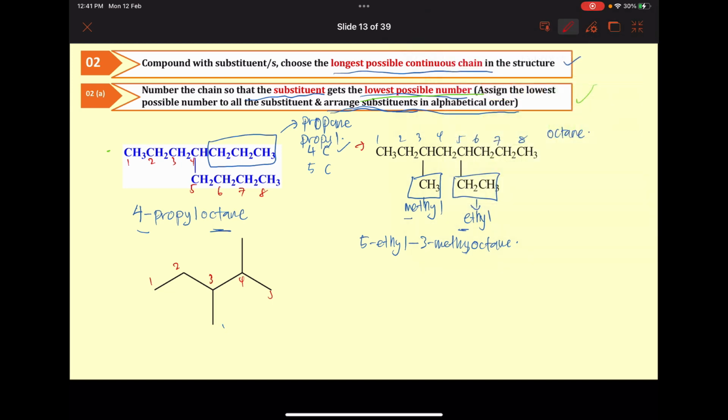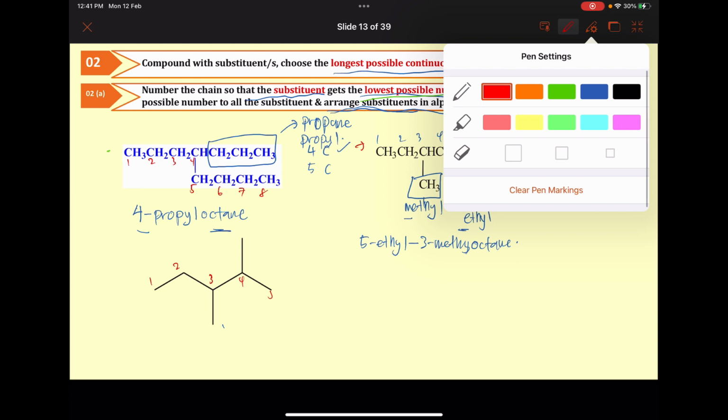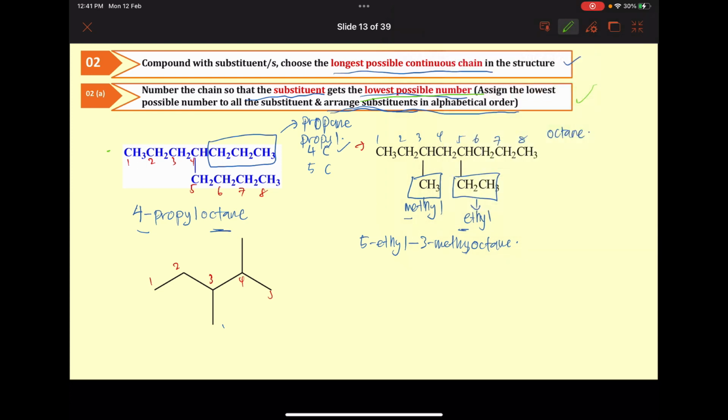Okay. And then as usual, ada two ways to count the carbon using the left or the right way. 1, 2, 3, 4, 5. So by using the red root, kalau kita tengok ini adalah dia punya substituent, dua substituent.